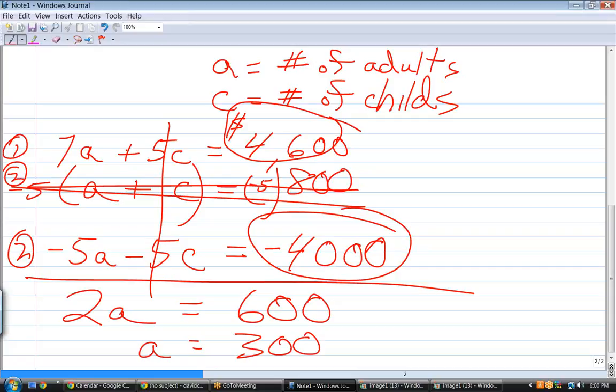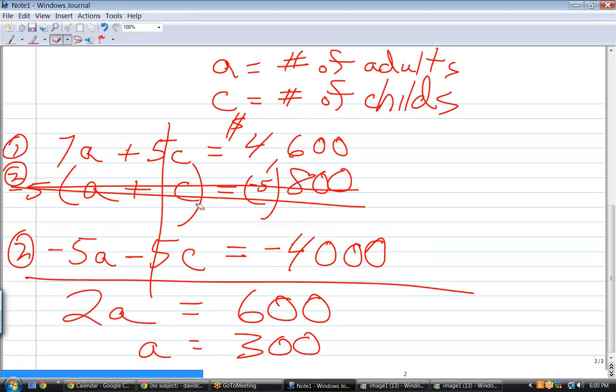What's C? Which equation am I going to plug it into to solve for C? I've got three choices: A plus C equals 800, or either of the original equations. I want to do the easiest one I can.